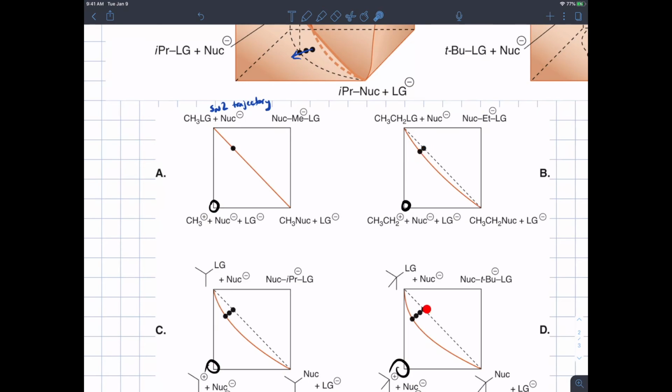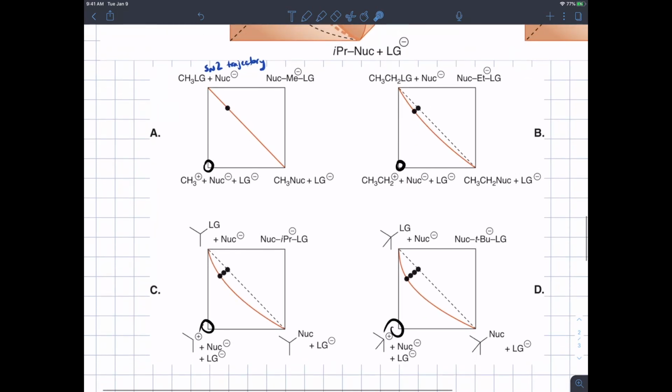So that by the time you get to the tertiary alkyl halide, if there were even going to be an SN2 transition state, it would have to be pretty carbocation-like before the nucleophile even came in. So this is often an effective way of plotting or thinking about reaction mechanisms.